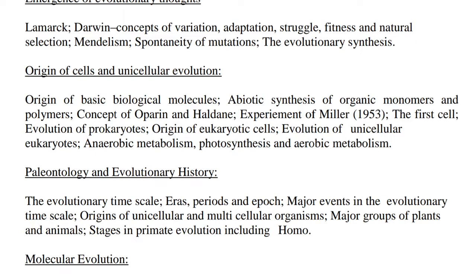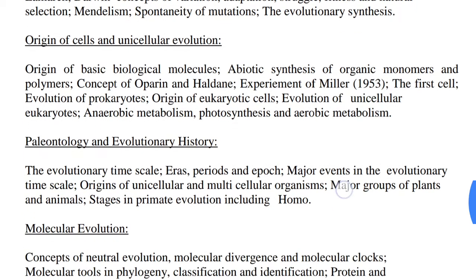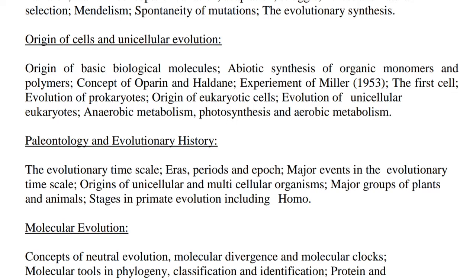You are very familiar with the experiment of Miller, which is very popular, the first cell, evolution of prokaryotes, origin of eukaryotic cells, evolution of unicellular eukaryotes, anaerobic metabolism, photosynthesis and aerobic metabolism. These three things you will find in the biochemistry book, so no need to read them in evolution.